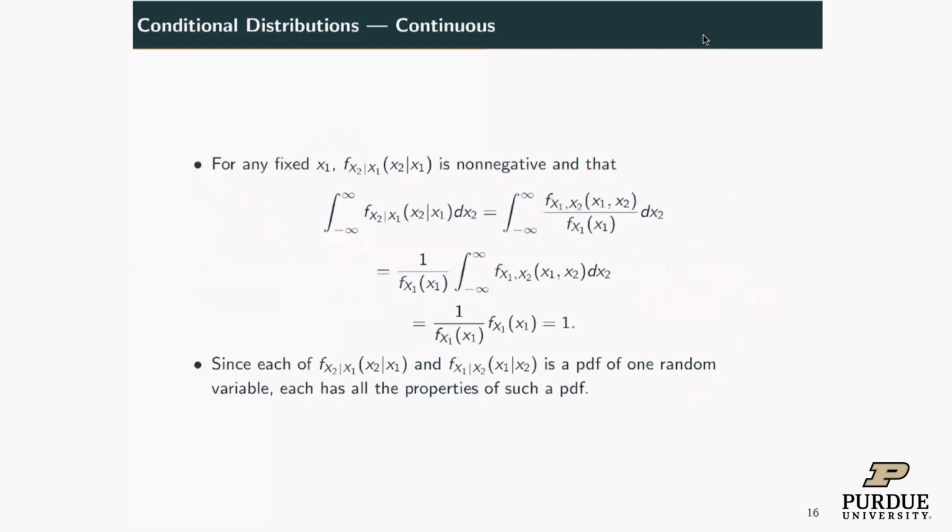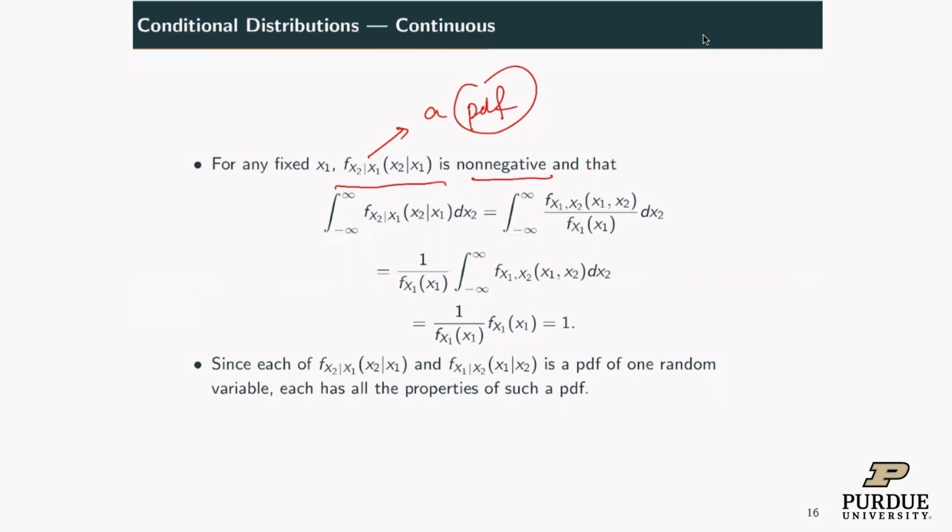Same story. This guy, it is a PDF. It must satisfy two conditions. First, it's non-negative. That's obvious because it's a ratio: both numerator and denominator are non-negative. Second, if you take integration over the whole region, it must be 1.